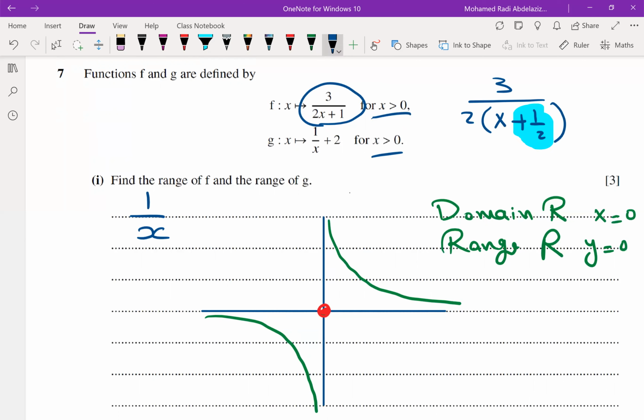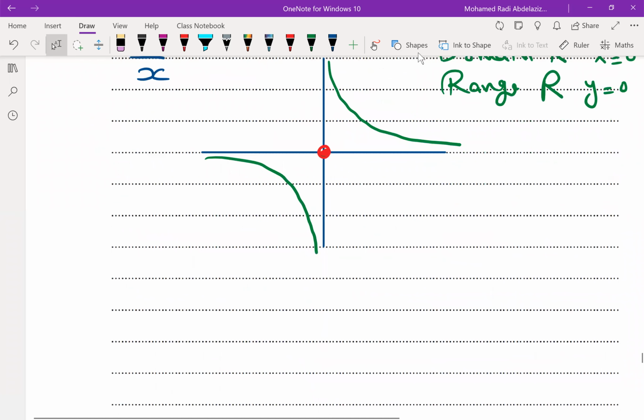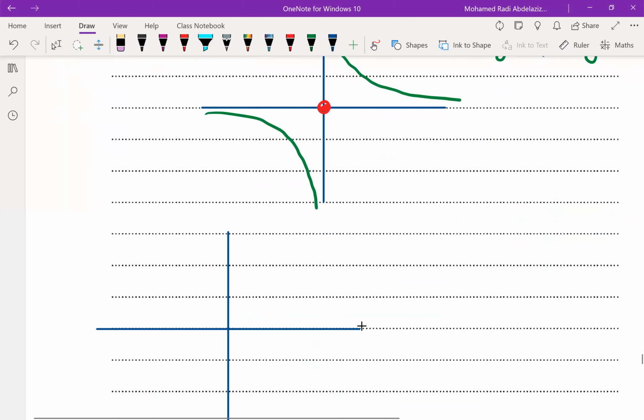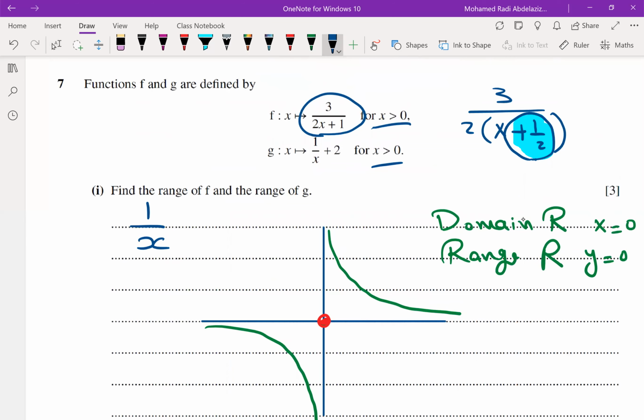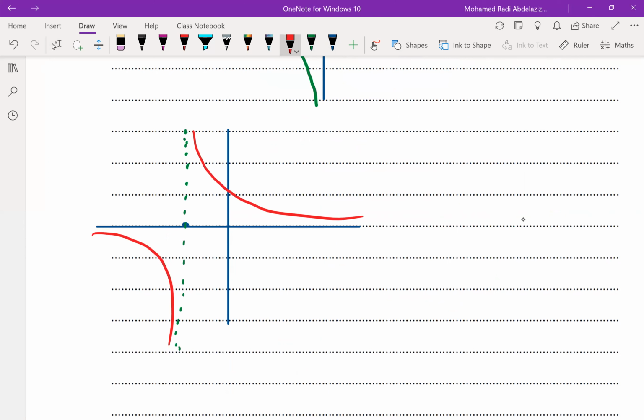If we change x to x plus half, the graph is translated to the left. The reflection point shifts to (-1/2, 0). This means we take the y-axis and shift it to this point, and the graph will be like this. This is negative half.